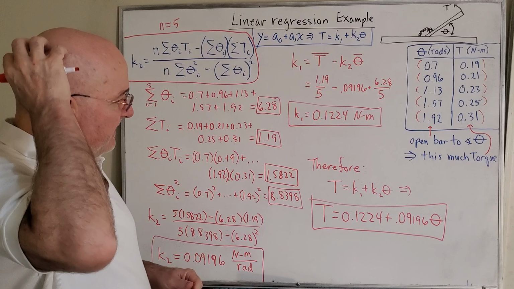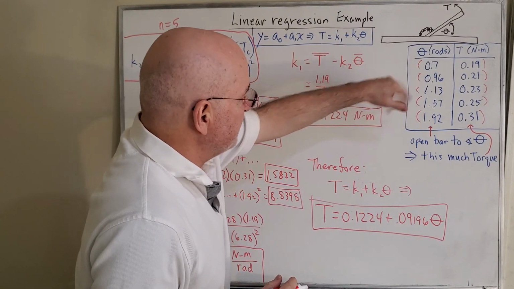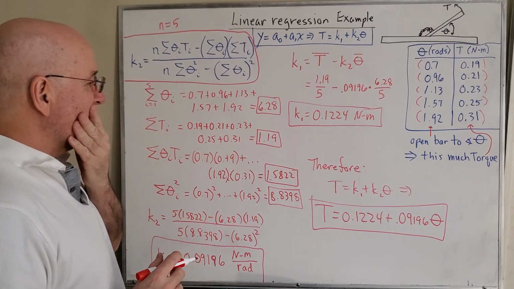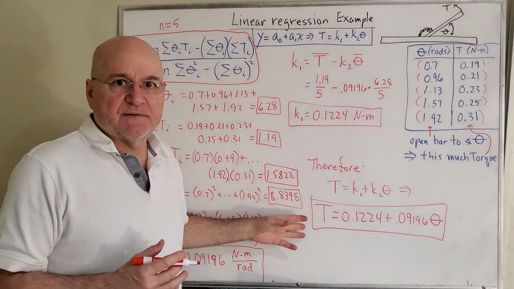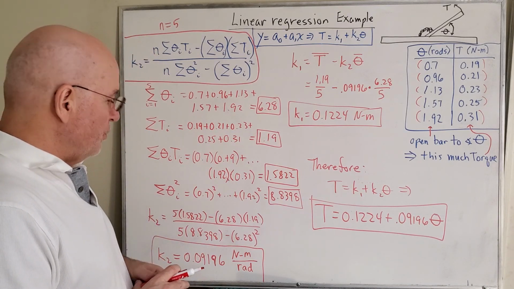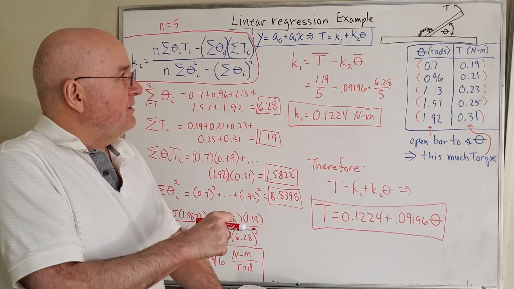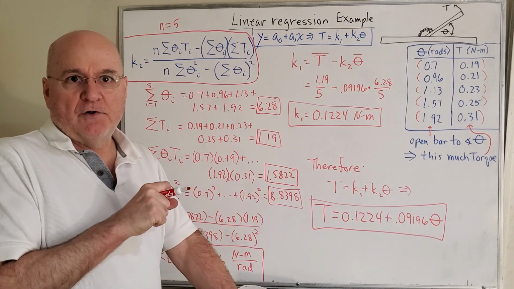Now that we know that linear equation, the slope and the y-intercept of those data points, the best approximation anyways, this would be our very best estimate, we could compute the required torque for any angle at all to pull the angle up.